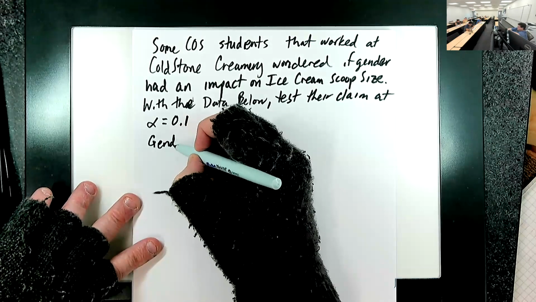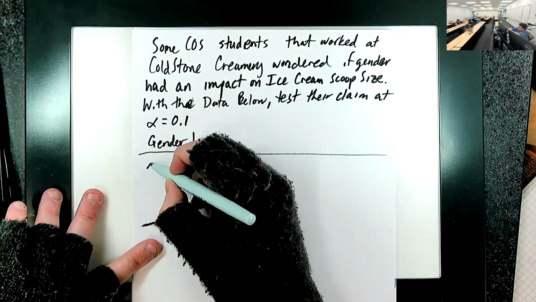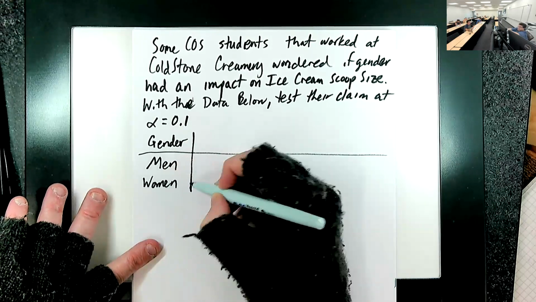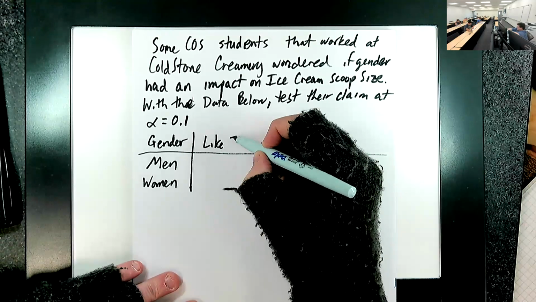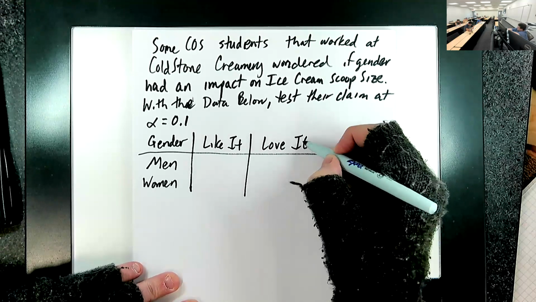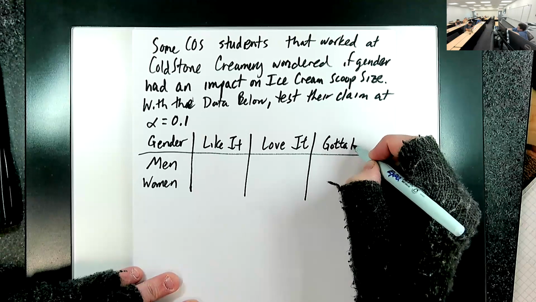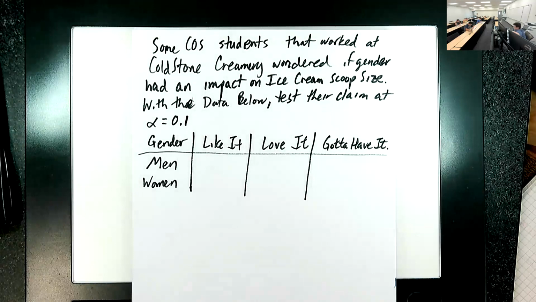We have gender. We have men and then women. And we have like it, which I think is small, love it, which is medium, and gotta have it, which is large.